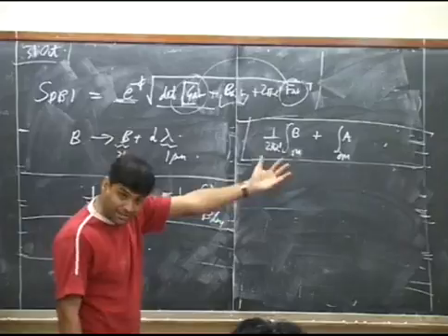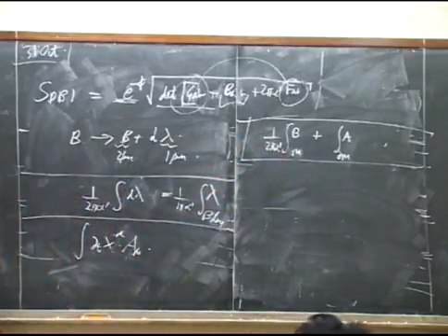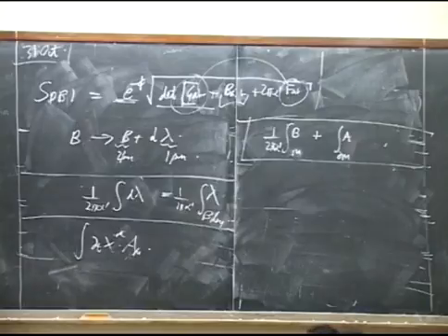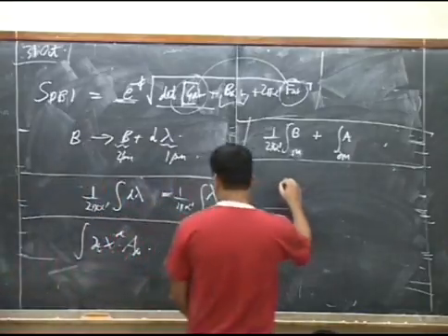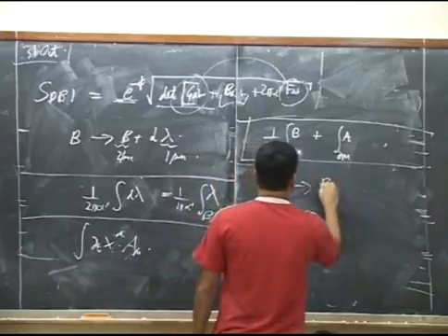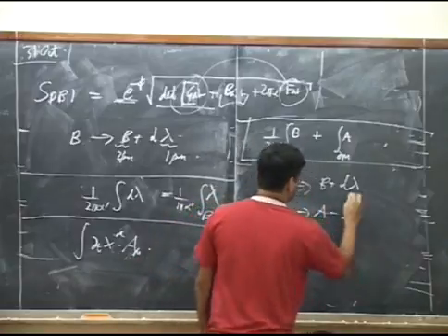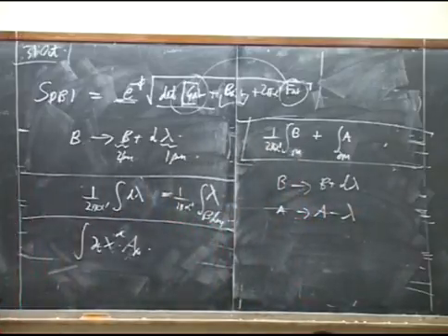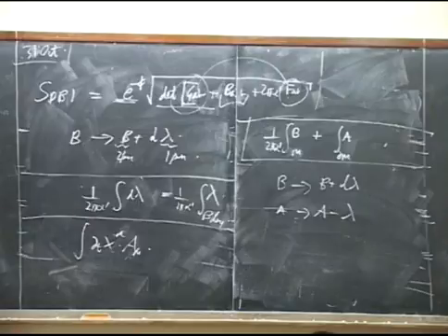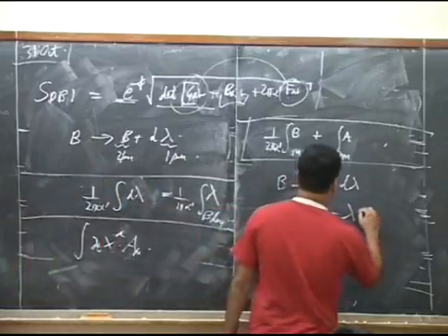Is there an invariance in open string theory? Okay. In open string theory, there is an invariance, and that invariance comes from B goes to B plus d lambda, A goes to A minus lambda. Remember, lambda is a one-form. Of course, there's a factor of 2 pi, so that's 2 pi.